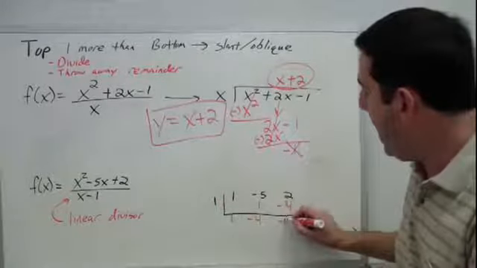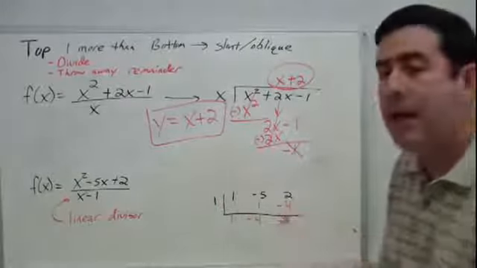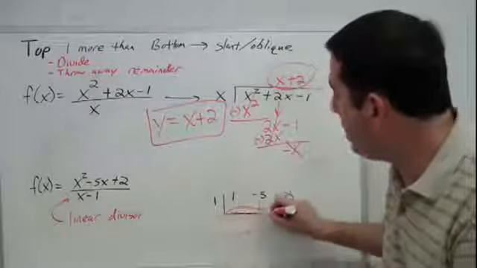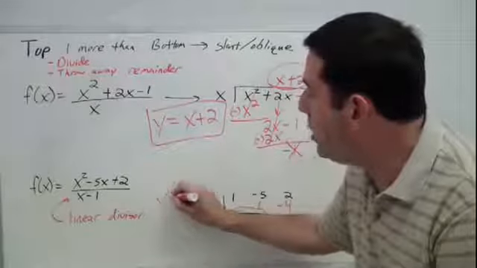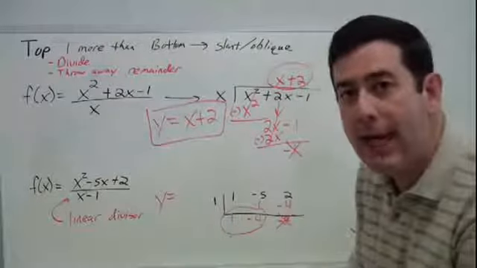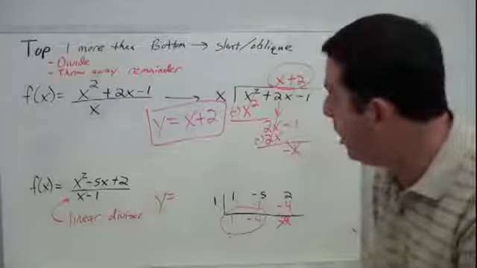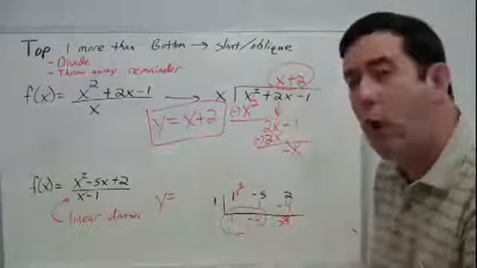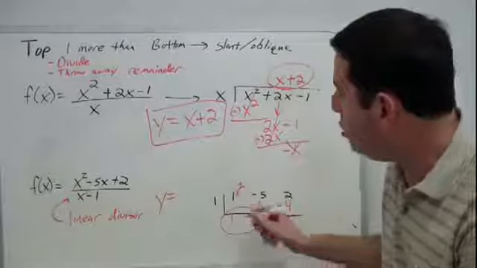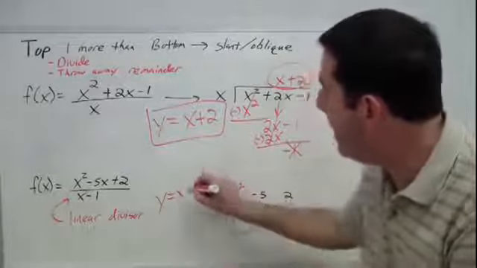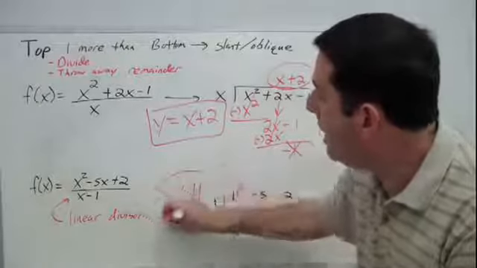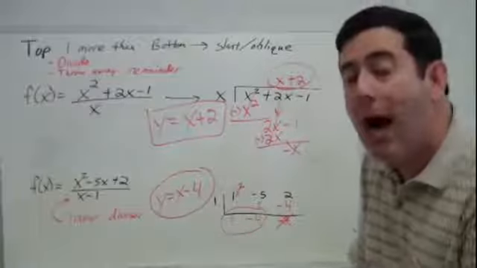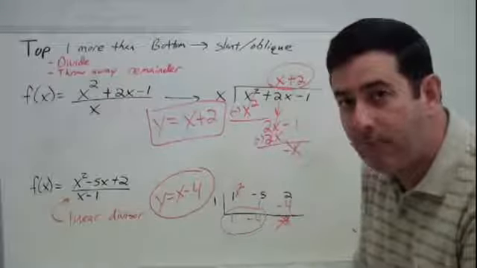Vertically we add, and the last spot is our remainder. We don't care about the remainder. All we care about is the quotient. The equation for our slant or oblique asymptote is just what the quotient says. If I started with an x squared, I've pulled one factor out, so our quotient says 1x minus 4. So the equation for our oblique asymptote is y equals x minus 4.